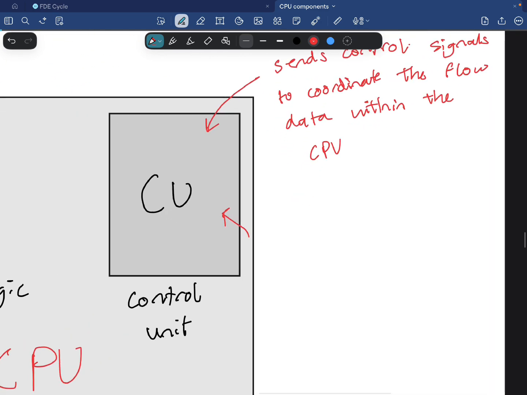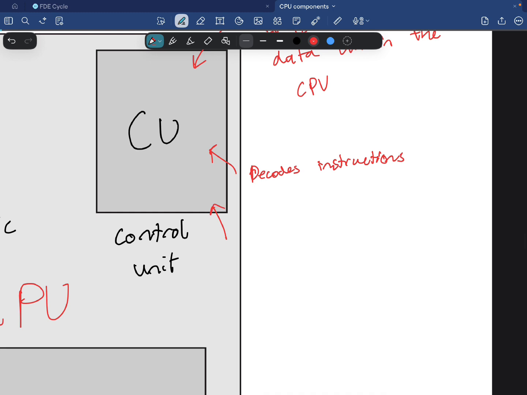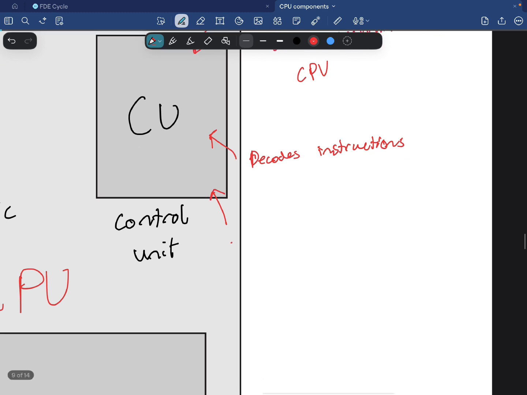The control unit also decodes instructions, or translates them. And then we also said it runs the FE cycle, or the fetch, decode, and execute cycle.